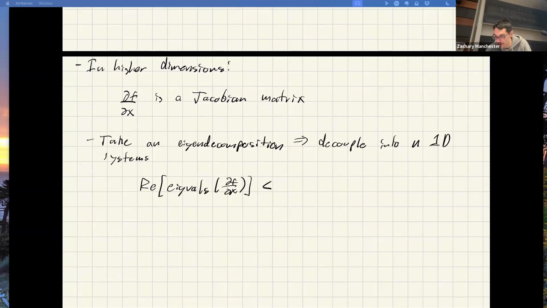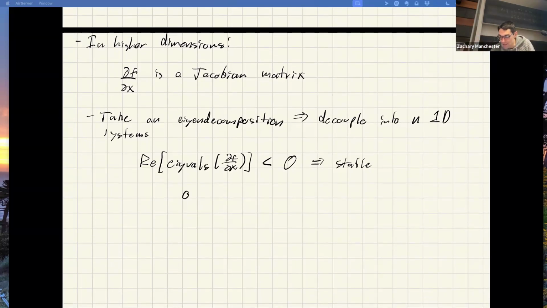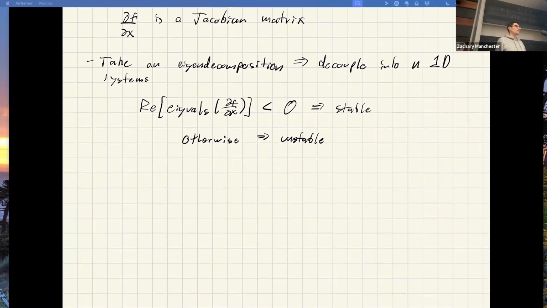We want these all strictly negative. That means we're stable. Without getting into the subtleties and special cases that we talked about a little bit, otherwise we're going to just say it's unstable. So basically, if you have any non-negative eigenvalues, we're going to say it's unstable for our purposes. Cool? Everyone got that? Yeah.